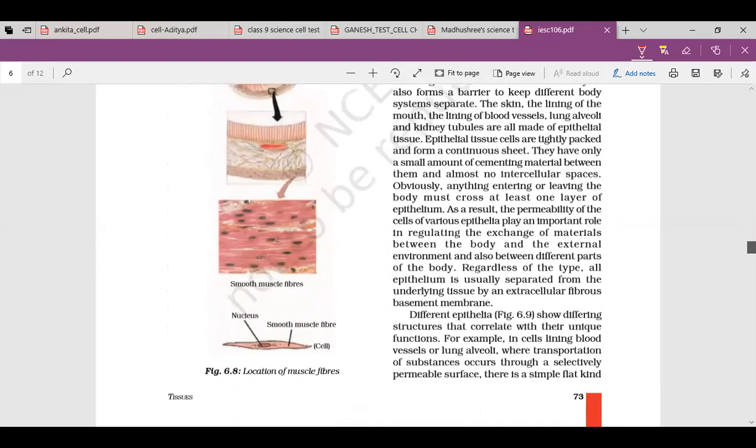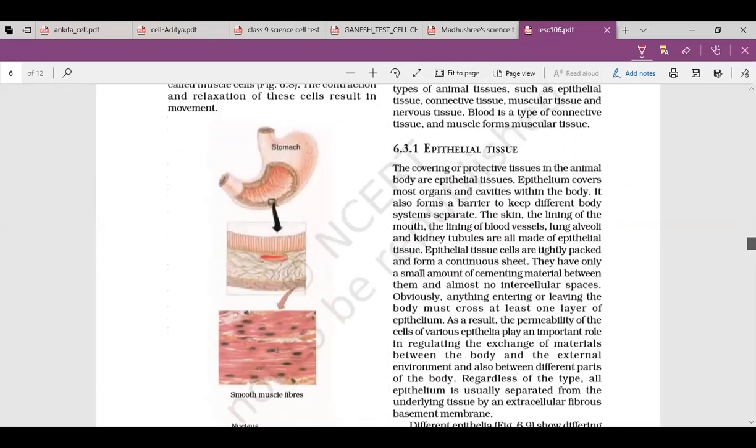So actually it starts from this part, epithelial tissues. The covering or protective tissue in the animal body is epithelial tissue. The outer covering of every organ, or even our body, the skin, is made up of epithelial tissues.